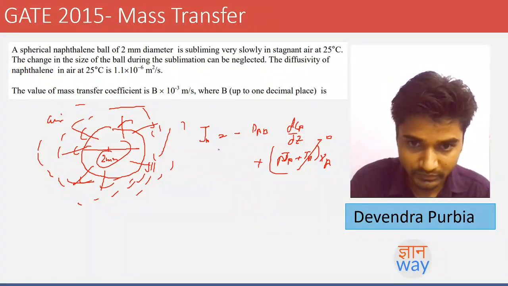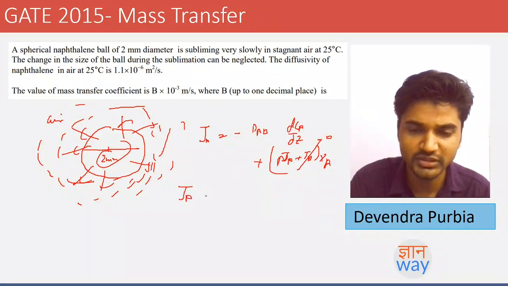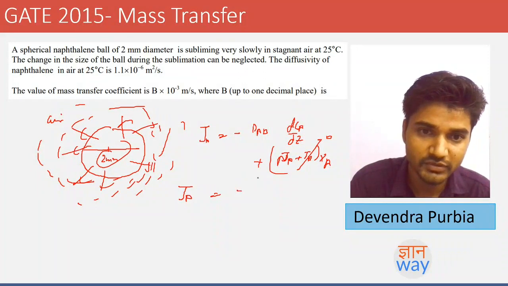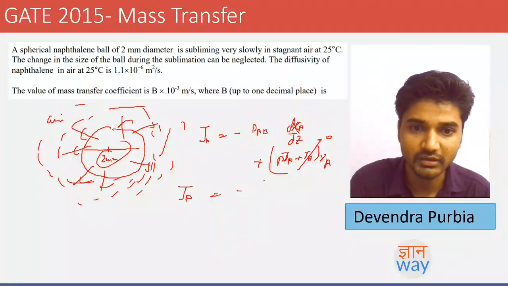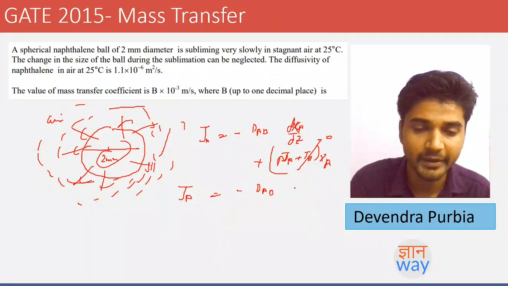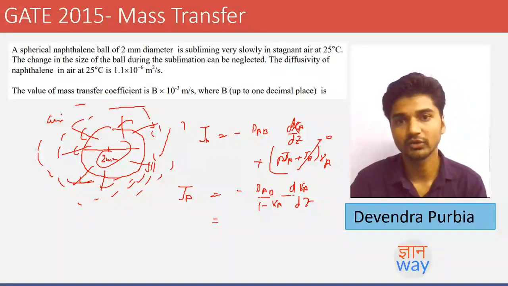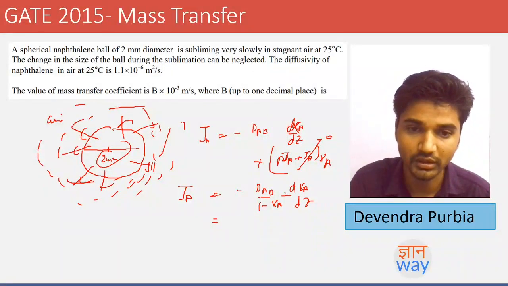So now here we have flux as J, and if we denote XA, then J equals minus DAB by (1 minus XA) times dXA by dZ. So this is the total molar flux for naphthalene getting diffused in stagnant air.